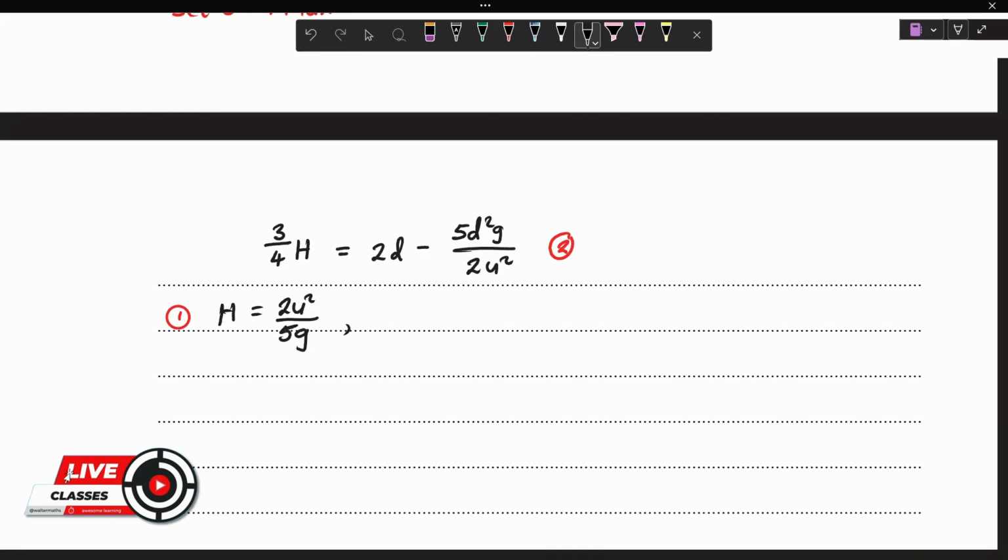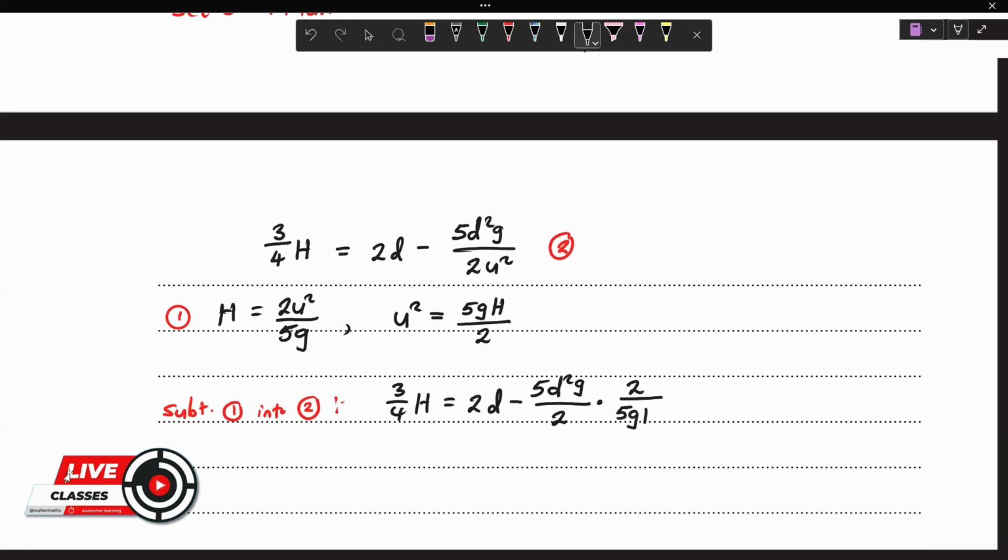We can make u squared the subject, which will be 5gh over 2. So if we substitute equation 1 into equation 2, we'll have 3 quarters of h equal to 2d minus 5d squared g over 2, and for 1 over u squared, we have 2 over 5gh.